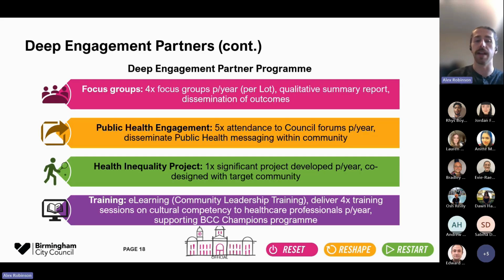So to expand on that, the objectives of the engagement partners are to increase awareness within the communities and more widely of the health inequalities within that community and fill gaps in data and research.